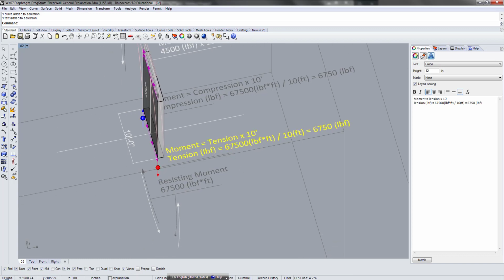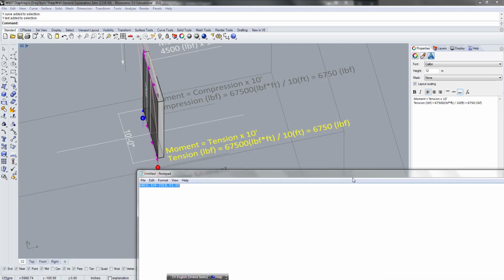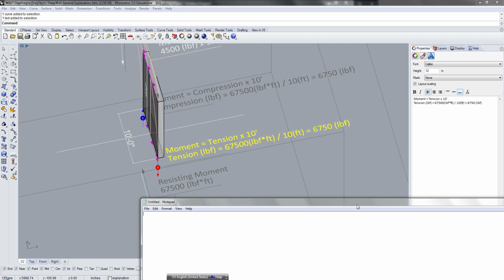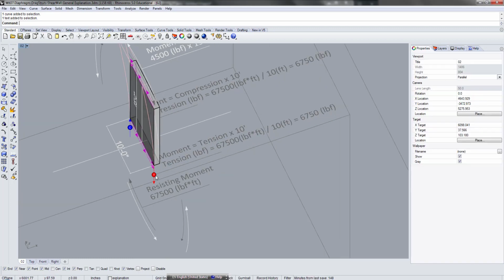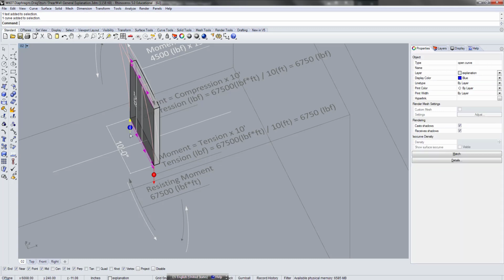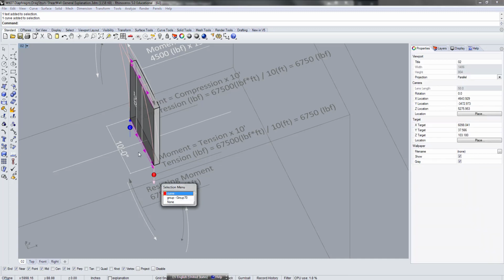Let's say the magnitude is F and the distance is D. It's either F times half D plus F times half D, or you can just say it's F times D, because it's either tension times 5 feet plus compression times 5 feet, or because we know these two are equal, you could just say tension times 10 feet.